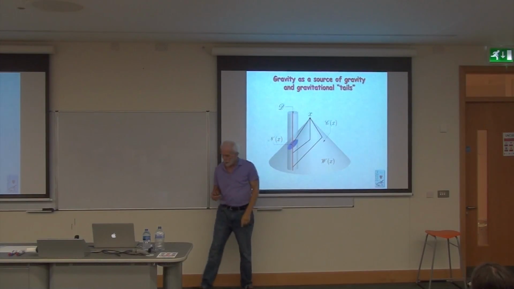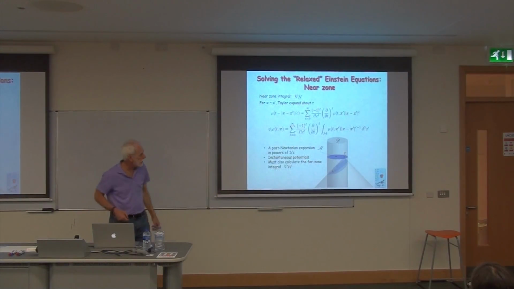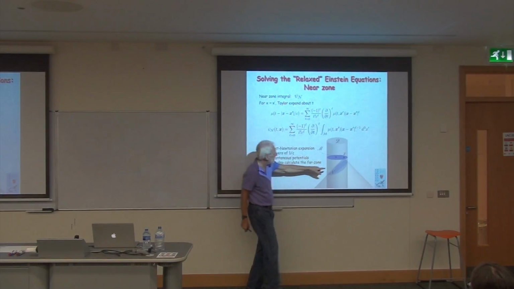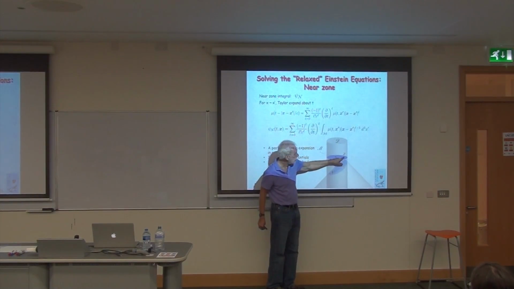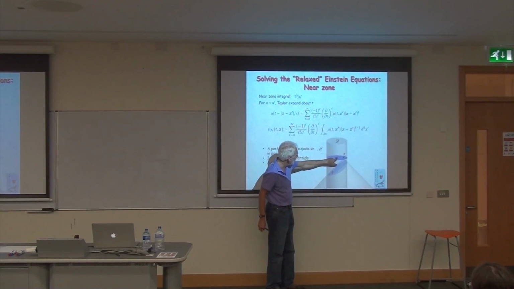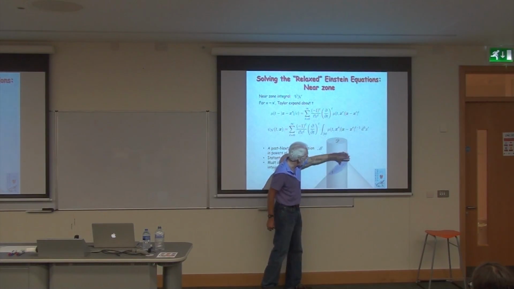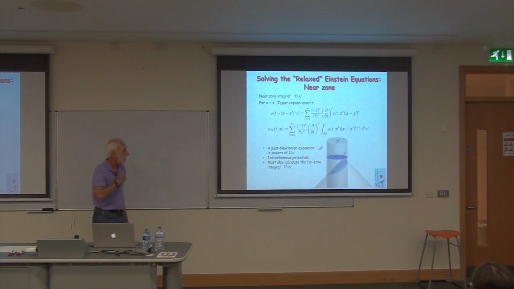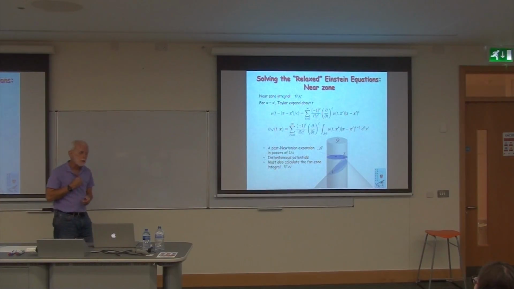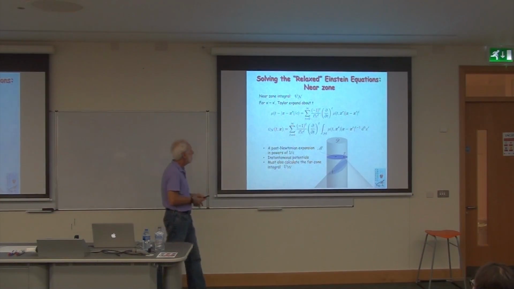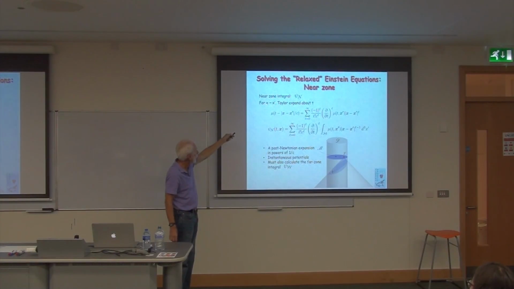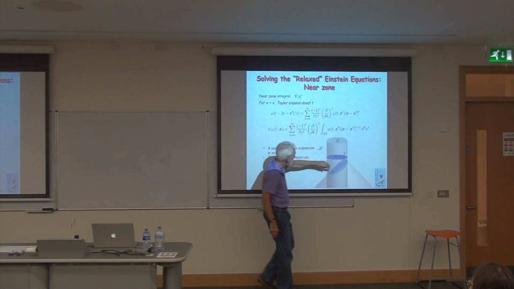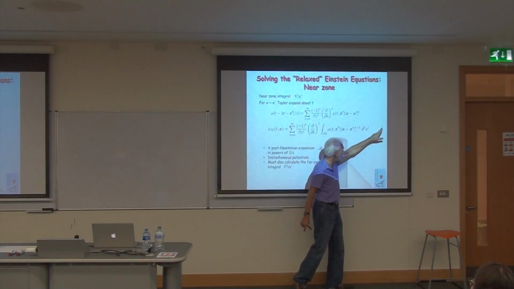So that involves a slightly different way of doing the calculation. Now our field point is inside the near zone, and parts of it will even be inside the material source, but we need to look at field points within the near zone. Here we do a slightly different expansion than before, because before, remember, x prime was small compared to x. The integration variable was in here, but x was way up there.